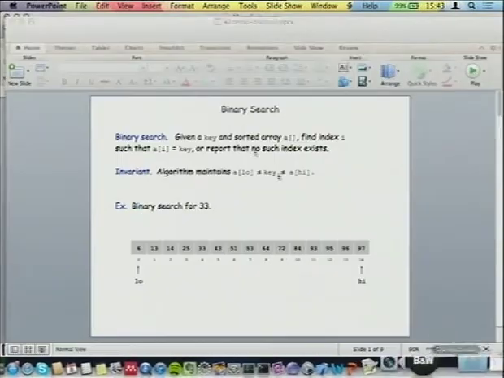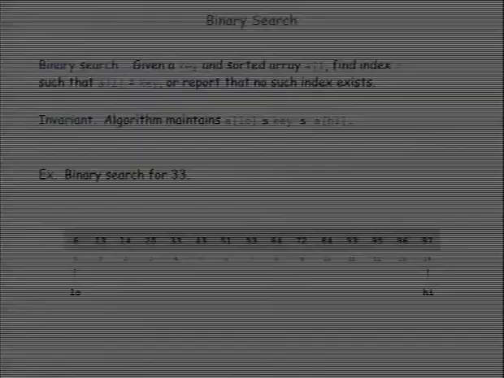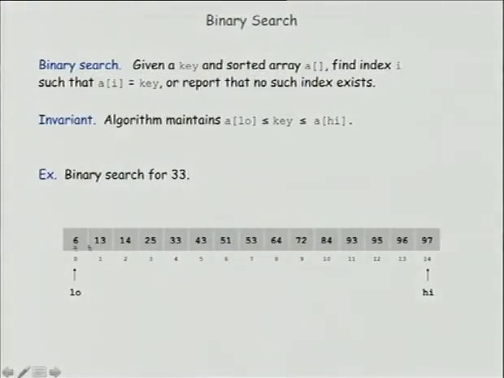The key idea is that we have these two indexes, low and high, and every time the element is not there, we halve the problem size. So we have the low index, which is this one, the high index, which points to the end of the array, and then we have the middle index. And then we ask the question, say we look for 33. Is 33 greater than this middle point?